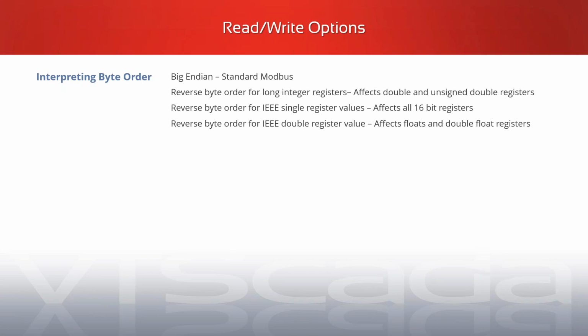You ended up with registers that could be read in and reversed. For example, single register values, this reverses the byte order. This reverses the byte order for certain double register values, for floats and doubles. This reverses the byte order for long integer registers. All of these are there, and they're all within our driver.